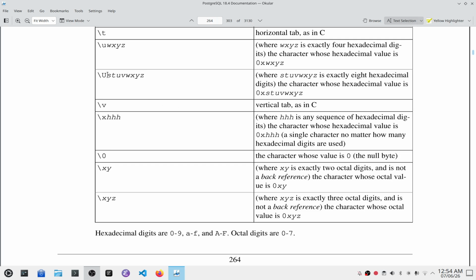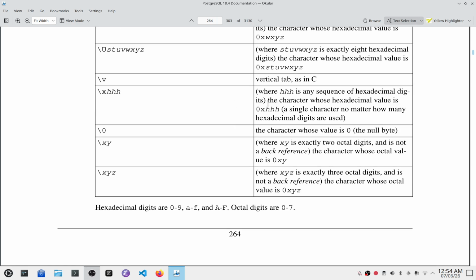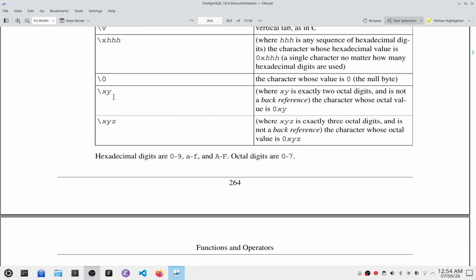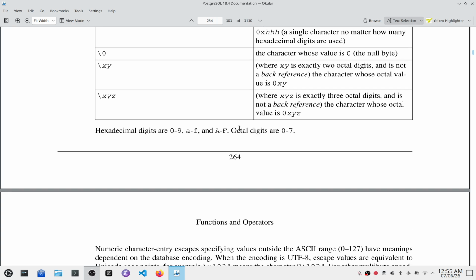Then we have capital \U, which takes an 8-digit hexadecimal value. \v is vertical tab. \xhhh, where hhh is any sequence of hexadecimal digits, is the character whose hexadecimal value is 0xhhh, a single character no matter how many hexadecimal digits are used. \0 is the character whose value is 0, that is null. \xy, where xy is exactly 2 octal digits and is not a back reference, is the character whose octal value is 0xy. \xyz, where xyz is exactly 3 octal digits and is not a back reference, is the character whose octal value is 0xyz.